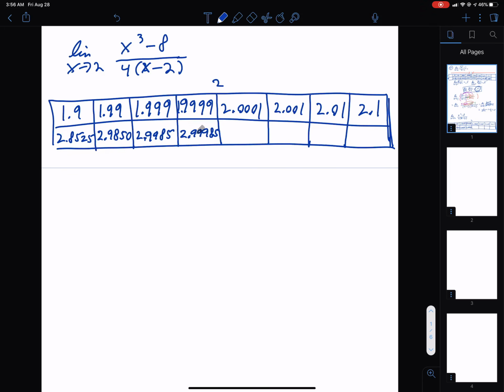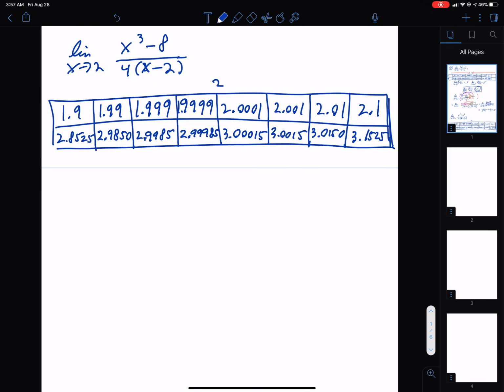Hopefully you agree. Then from the right side approaching 2, I get 3.1525, 3.0150, and then 3.0015, and then 3.00015.